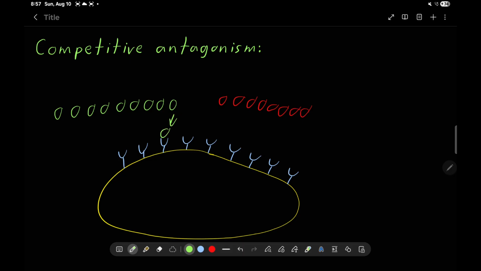Once this agonist is bound, it may leave after some time, and then it can continue to move around. After it leaves, this receptor is free. So maybe an antagonist can come and bind to it, or maybe an agonist can come and bind to it. So it's a constant process of agonists and antagonists moving around in all directions, binding onto receptors, leaving receptors, and taking each other's places. So this creates a balance of stochastic movements with your agonists and antagonists.